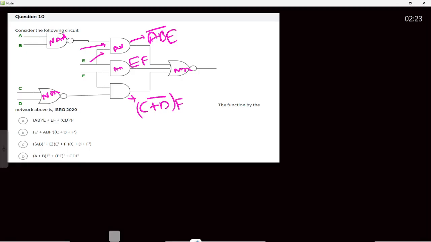That will be AB bar E plus EF plus C plus D bar F.